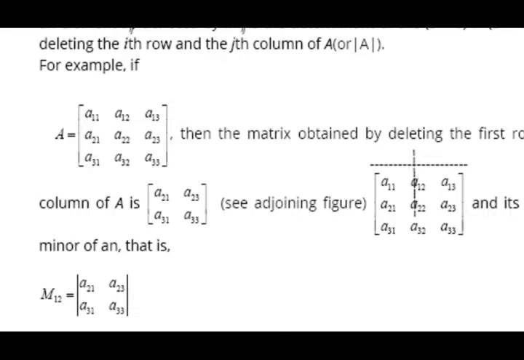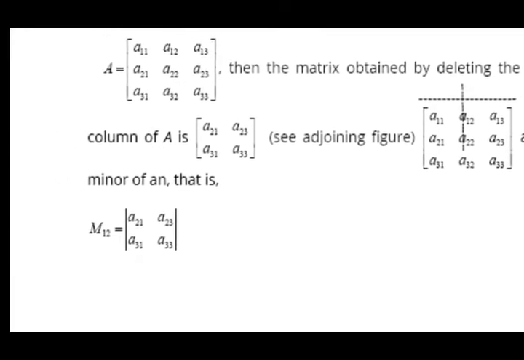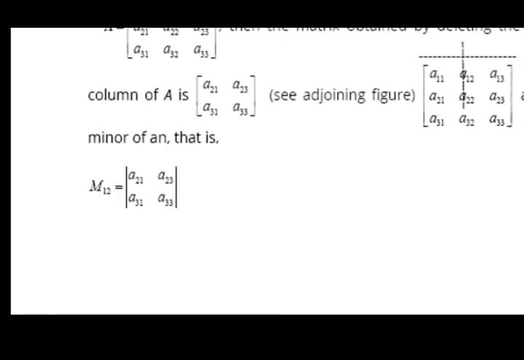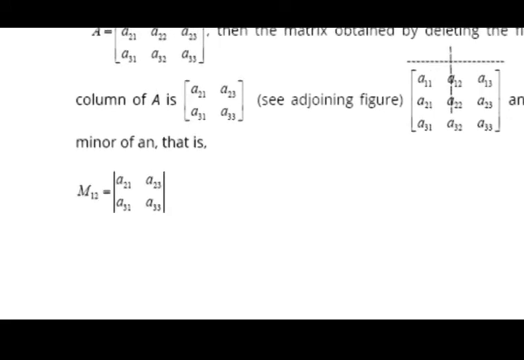If we delete the first row and second column, the remaining values are there, and this is called the cofactor of A12, and its determinant is called minor M12.